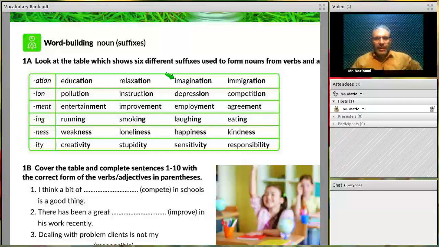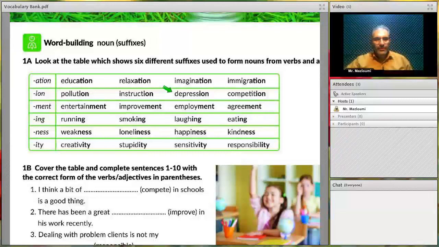For example, many Afghans have immigrated to our country. Pollution. There is a lot of pollution in big cities. Instruct, instruction. Instruct means teach. Depress. To depress someone means to make them sad.